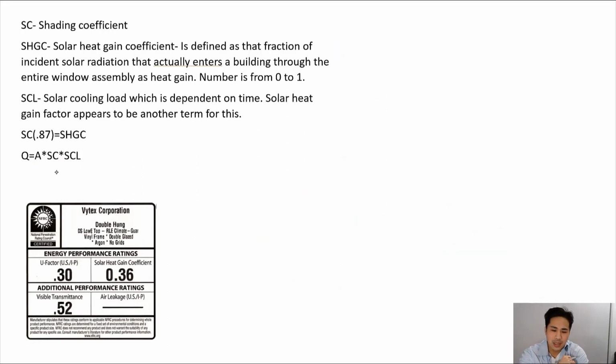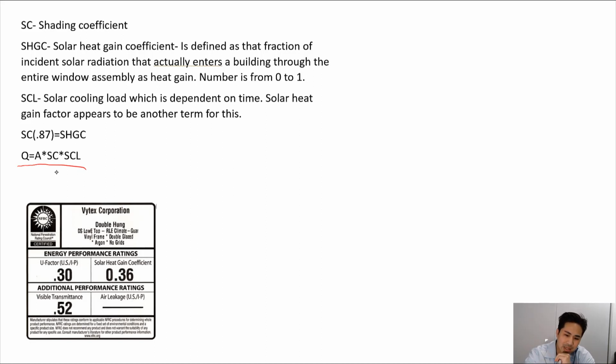Okay, to calculate the heat transfer from radiation, from the sun into a space such as an office, a house, or any other type of building, the formula that we use is right here. Q is equal to A times SC times SCL.